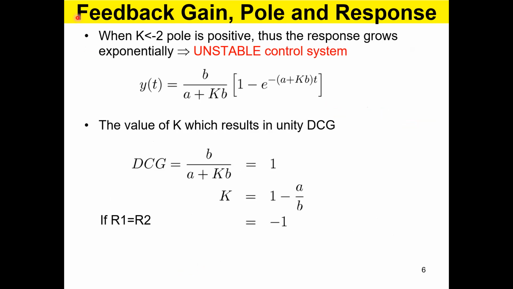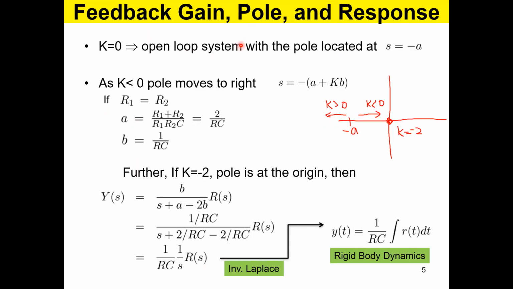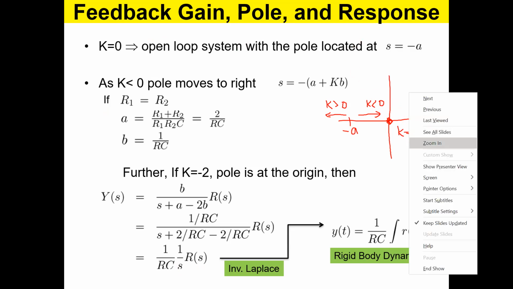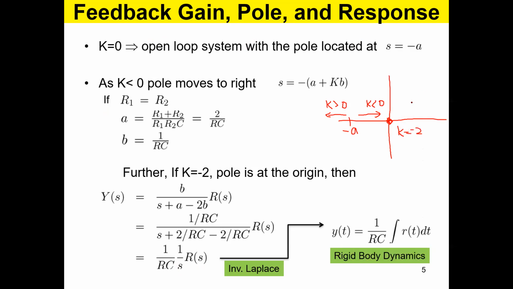Then if you further reduce, when k is less than -2, the pole is positive, right? So this whole area is k less than -2.